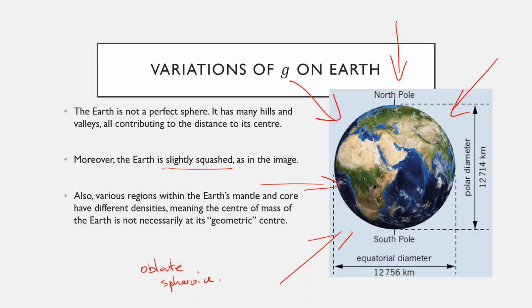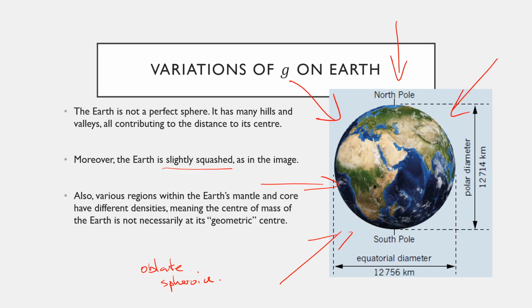You're going to have variations of gravitational field strength all over the surface. And again, the Vsauce video that I'm going to show you talks about this. The center of mass of the Earth itself in the actual real physical world is probably not at the geometric center.